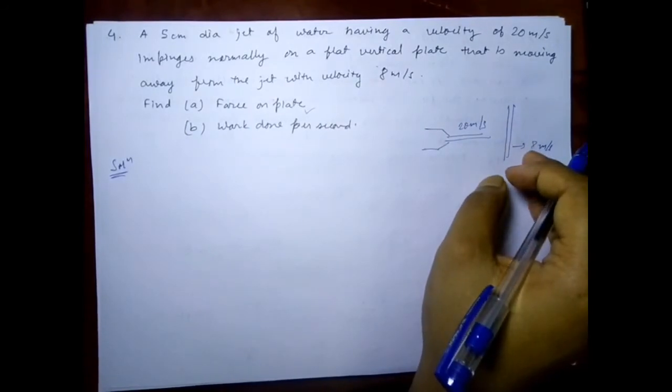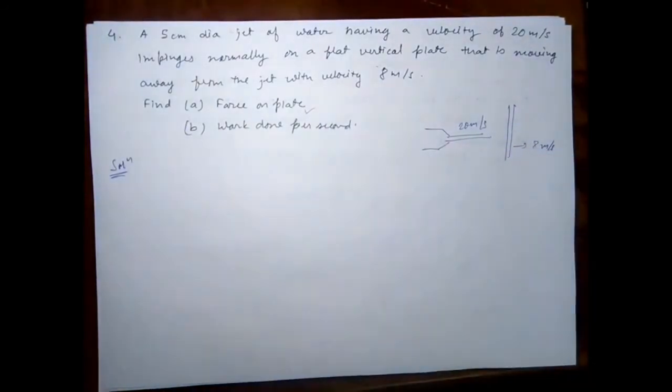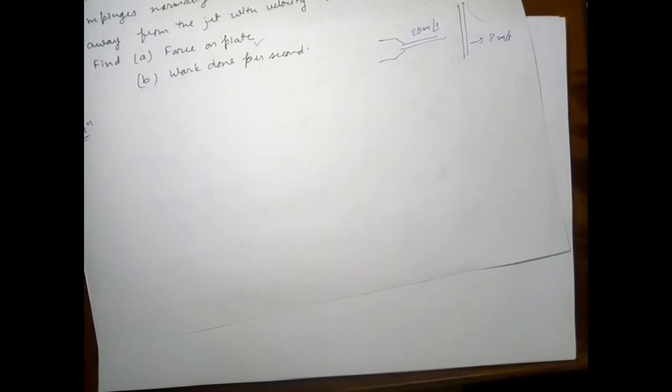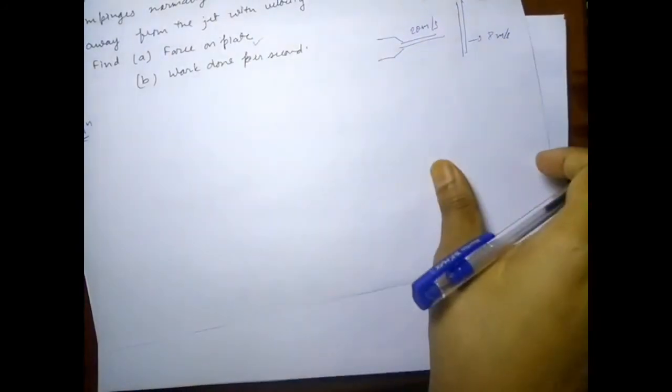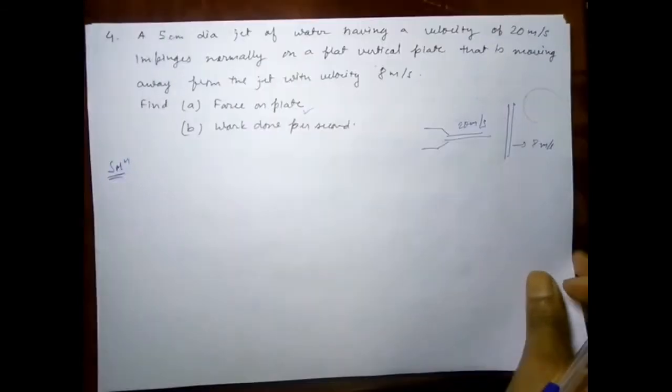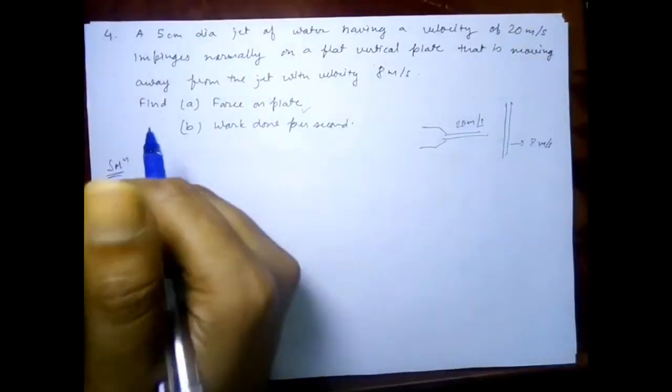So I can use the formula, that is F is equal to Q rho (V2 minus V1), and we know it is from the impulse momentum equation. This problem is basically an application of the impulse momentum equation.